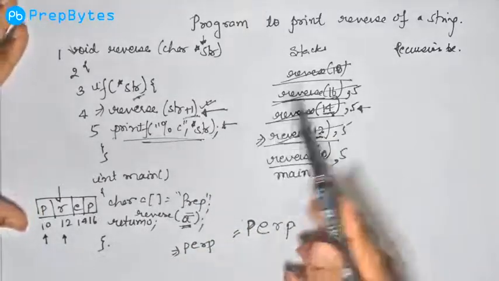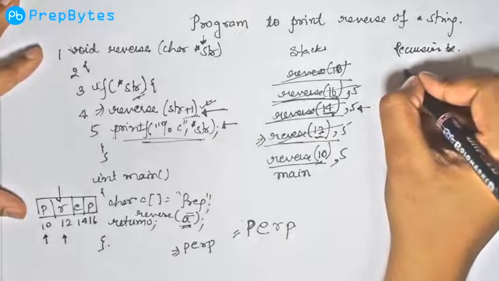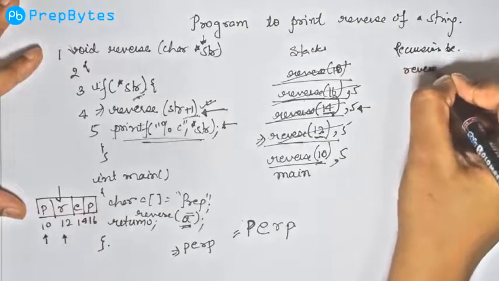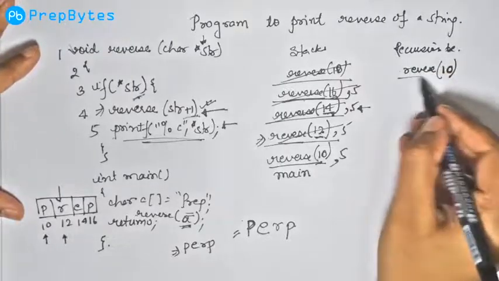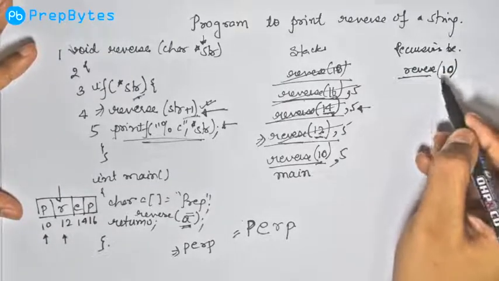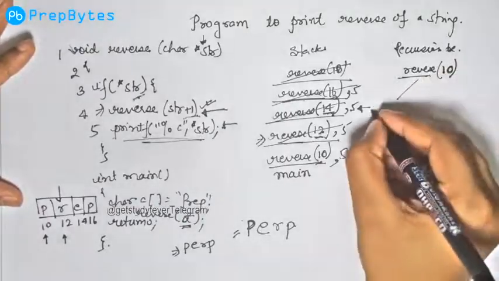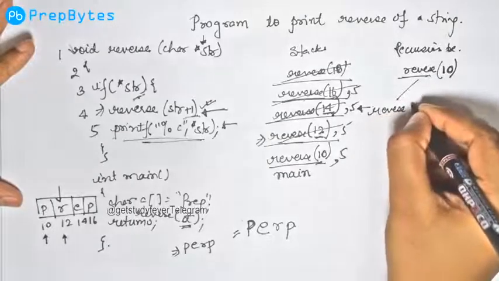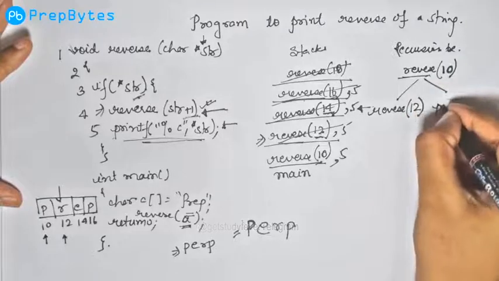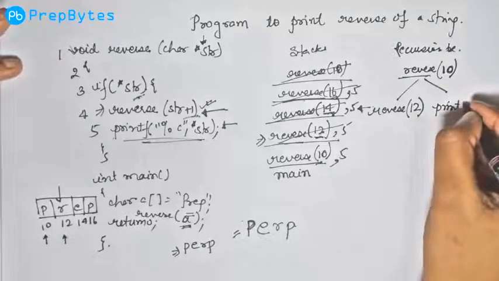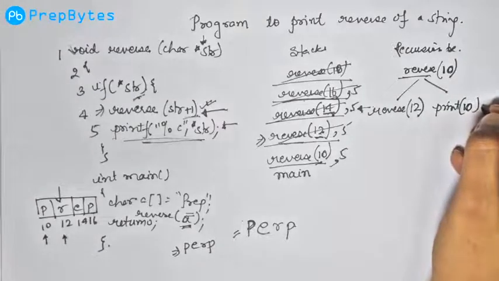Another way is we make a tree. So let's say when we have a main call here, reverse 10. What does reverse 10 do? It calls reverse 12 and it prints whatever string is there at the 10 position.